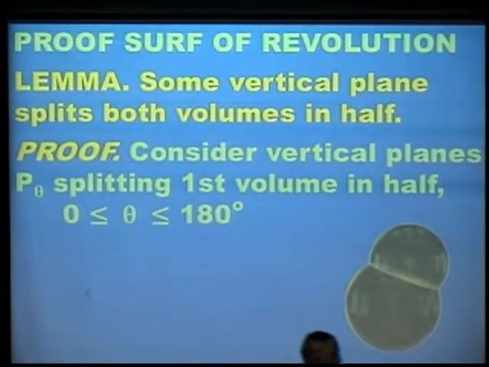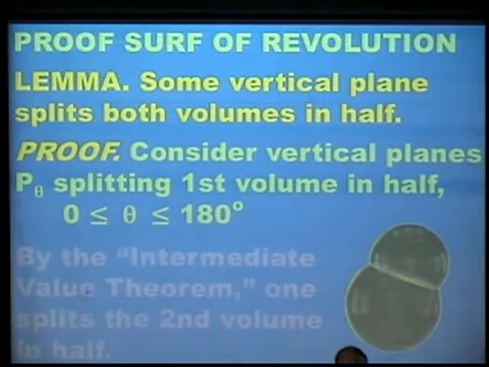Well, I can keep trying this at every angle till I come around 180 degrees and move until I split the first bubble in half, which I did before with this plane, but now the large part of the second bubble is behind me. So by the intermediate value theorem, there had to be some starting angle where when I split the first bubble in half, I would also happen to split the second bubble in half.